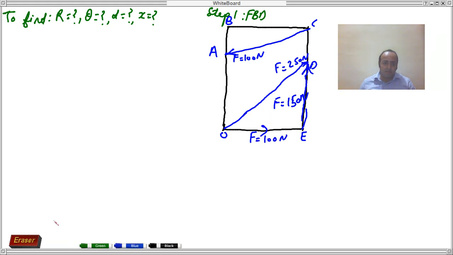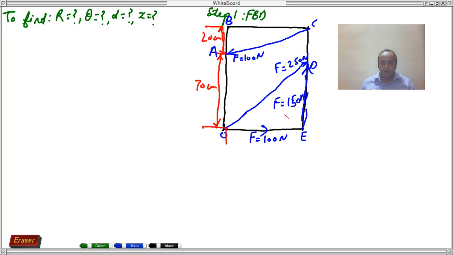Apart from this, the dimensions which are given to us, one by one we can show it over here. This is 20 centimeter, below is 70 centimeter, 70 centimeter, 20 centimeter.